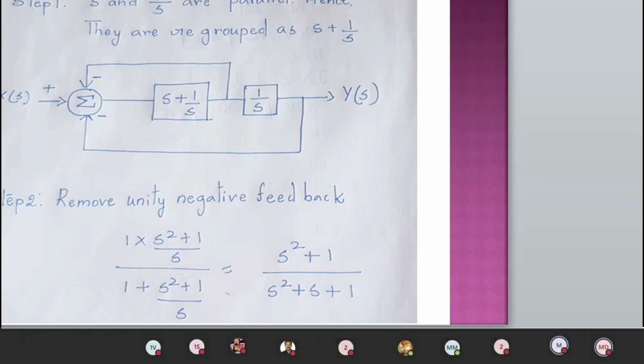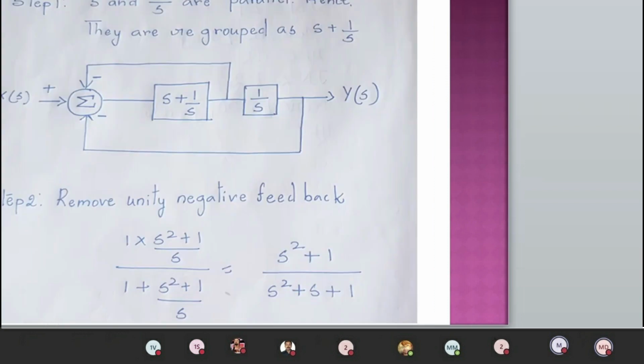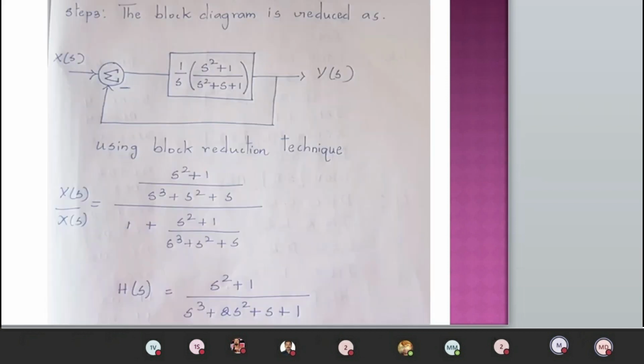Now, after this, what do you have? You have a cascade of S square plus 1 divided by S square plus S plus 1 into 1 by S. Okay, so after this, you have another feedback path, which is a negative feedback with unity.